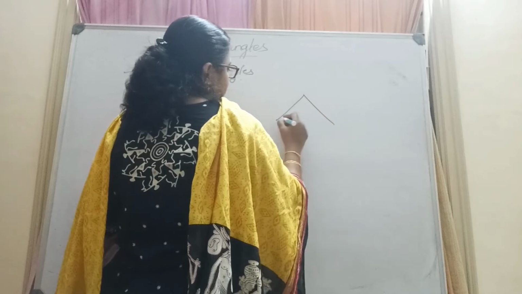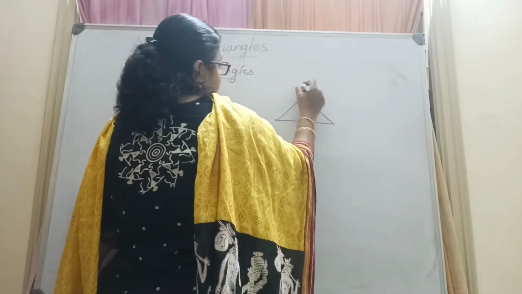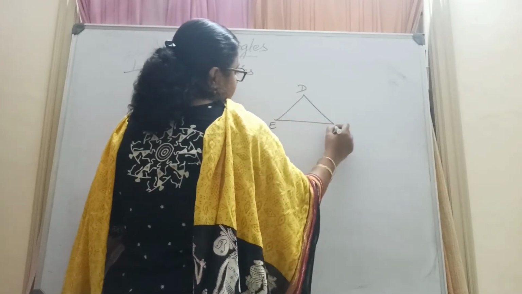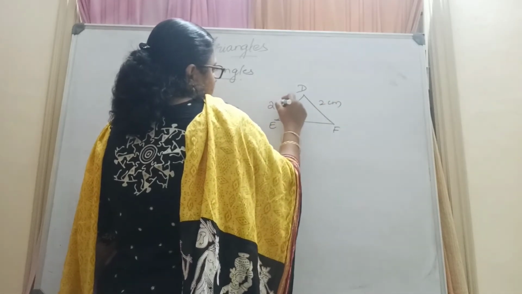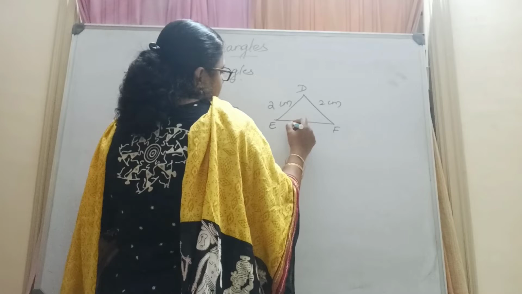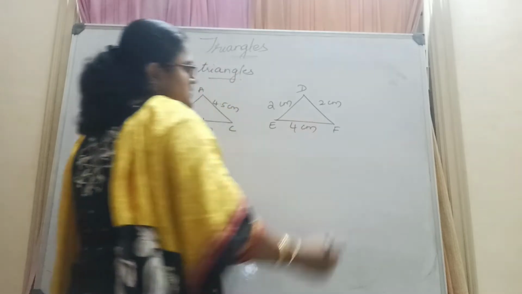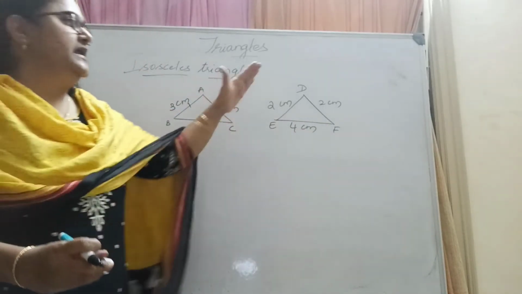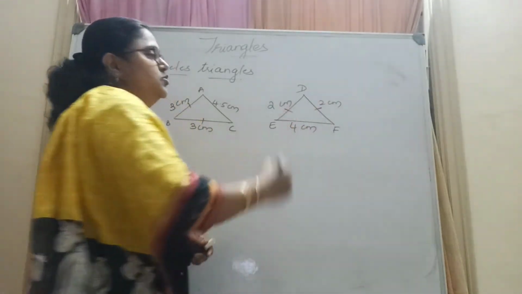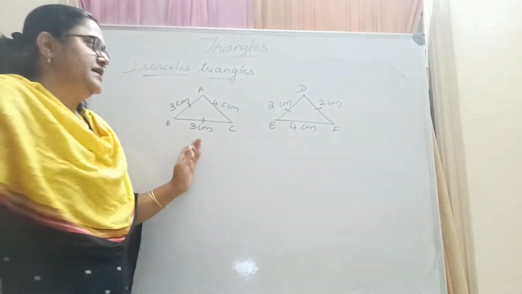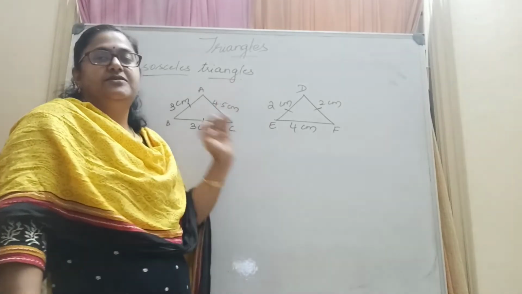Say I have another triangle DEF where DF is 2 centimeters and DE is 2 centimeters and my base is 4 centimeters. So DE is equal to DF in this triangle. So two sides are equal. Such triangles are called isosceles triangles.